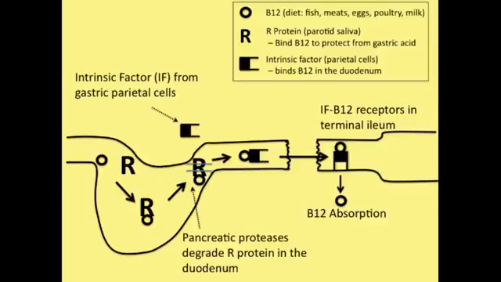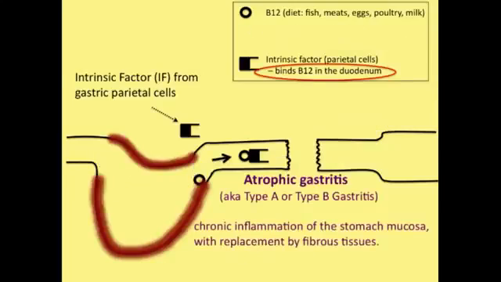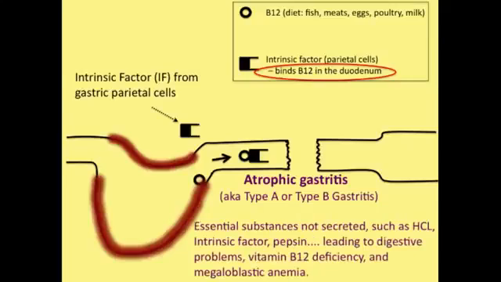And finally, we have a few more important disease mechanisms that can result in the decrease in vitamin B12 uptake. So here we have atrophic gastritis, types A and B. And remember that atrophic means that metaplasia has already begun to occur, where stomach mucosa is beginning to get replaced by fibrous tissue. And what does this lead to? Well, eventually, you're going to have essential substances not being secreted, like HCl, intrinsic factor, pepsin, and so on and so forth.